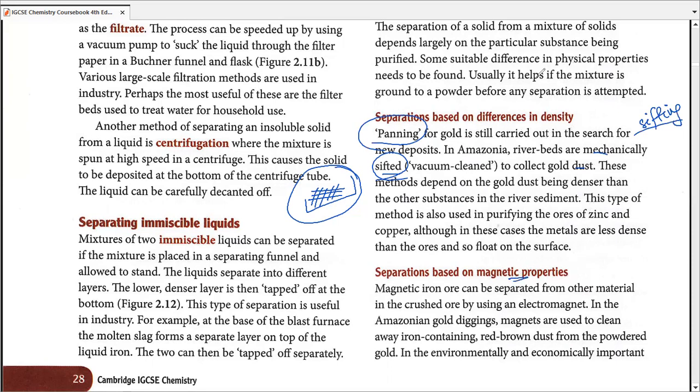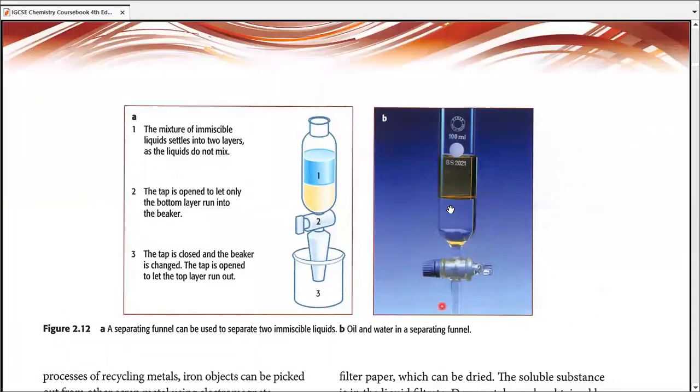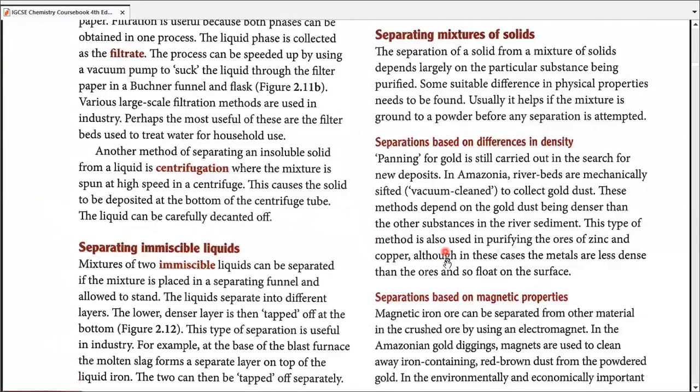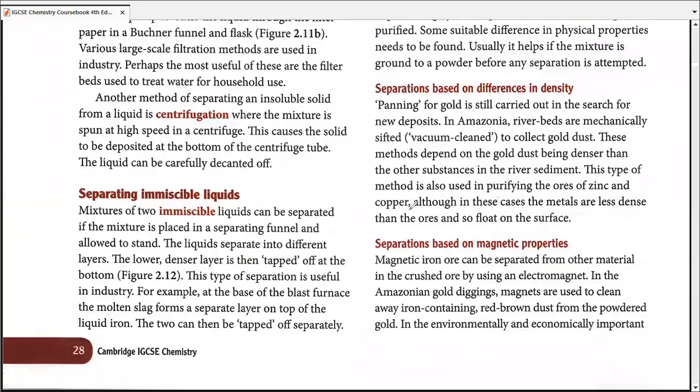Magnetic properties. As soon as I use the word magnet, I hope you understand that this is something which can attract specific metals. When I use the word metals, a magnet attracts only three metals, which you need to be confirmed about, which are not written over here. So most of the time I ask my students to write the magnetic materials.